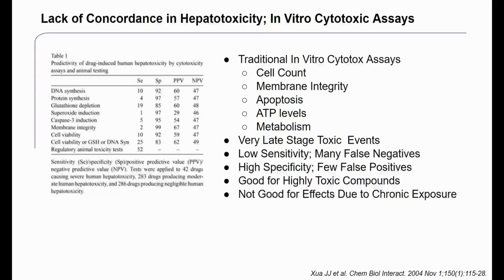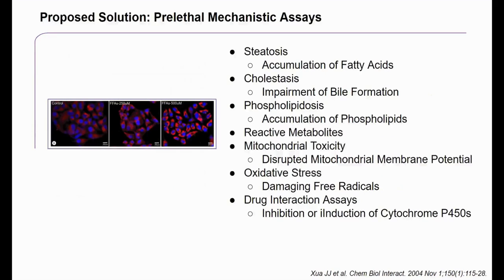and it's not really understood why. The proposed solution then to replace these assays, to come up with more predictive assays, was to focus on earlier events in the toxic process, and events that were more linked to the type of toxicity that you were looking at. So for example, for hepatotoxicity, you would focus on things that are important in liver cells.